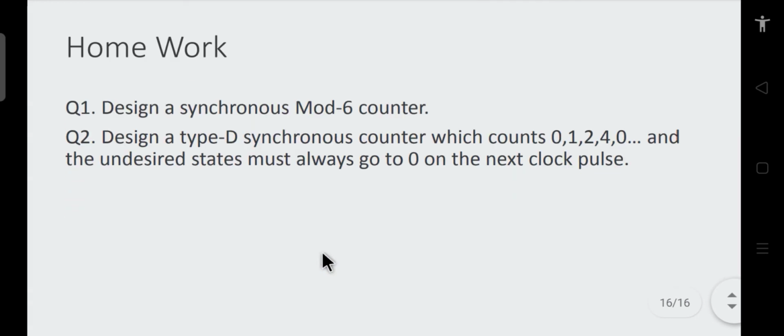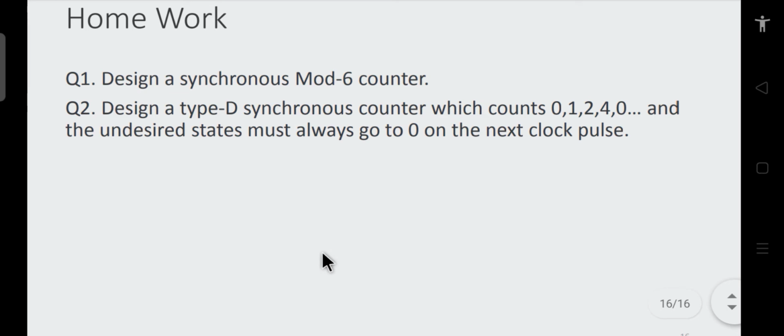So now after doing this, I expect you to solve these problems and try them on your own. Design a synchronous mod 6 counter. If you want to design a mod 6 counter, obviously you will require 3 flip-flops, but then there will be some unused states.